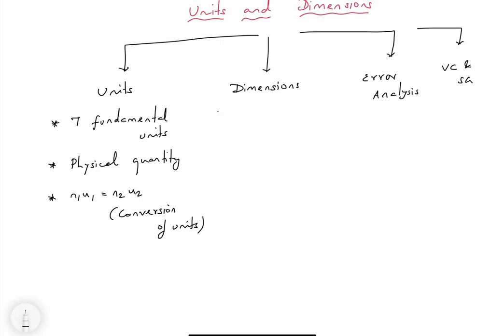What about dimensions? Writing dimensional formula. For a physical quantity which is given, how do you express its dimensional formula in terms of the basic dimensional formula of M, L, and T, let's say it's X, Y, and Z. I'll explain each and everything later.